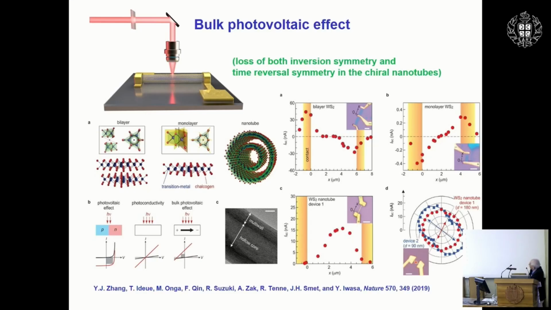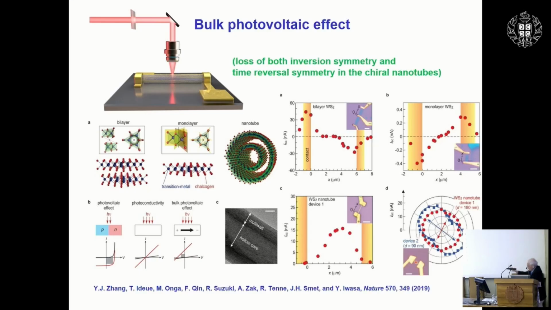In this case, we use the fact that tungsten disulfide nanotubes don't have inversion symmetry or mirror symmetry. They are asymmetric in that sense, and they also do not have time reversal symmetry, namely the current in one direction is opposite to the current in the other direction.